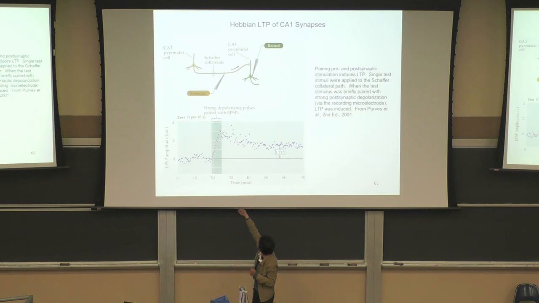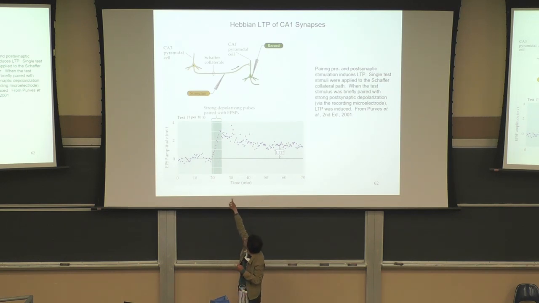And that's what the cell does in all of these trials here. From 0 to 20, you're only doing a test stimulus on the yellow cell without stimulating the green cell also. And then from 20 to 25, they are pairing the stimulation of both cells. Gradually you see that the response size to the same stimulation of the yellow cell increases, because the green cell is increasing the synaptic strength from yellow to green.